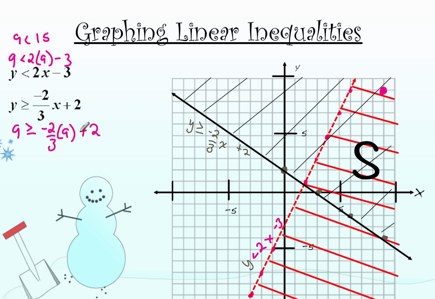Yes. Well, what about this one? Let's see, 3 times 9 is 9 greater than or equal to negative 6 plus 2, which is negative 4. Is 9 greater than or equal to negative 4? Yes. And that's what we were trying to do. We were trying to find the solution set, those answers that work in both.